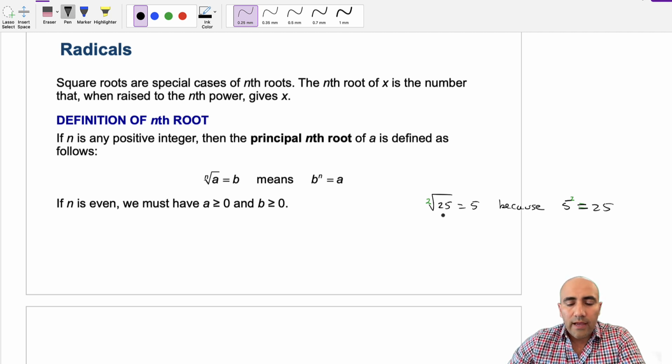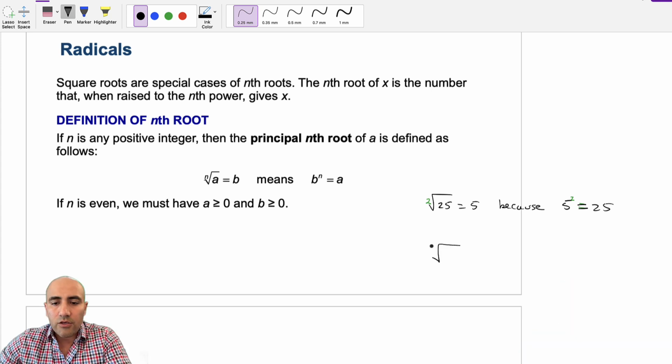Good. Okay, now on the other hand, if we had a cube root, so let's say we had the cube root of 8, the answer is 2 because we're looking for a number such that when you multiply by itself this number of times, this index here, we get the 8. So this is an answer of 2, again, because we know our multiplication tables, and we know that 2 to the power of 3 is equal to 8.